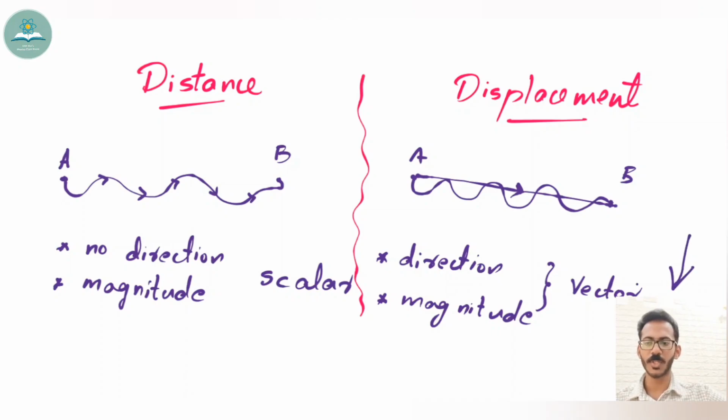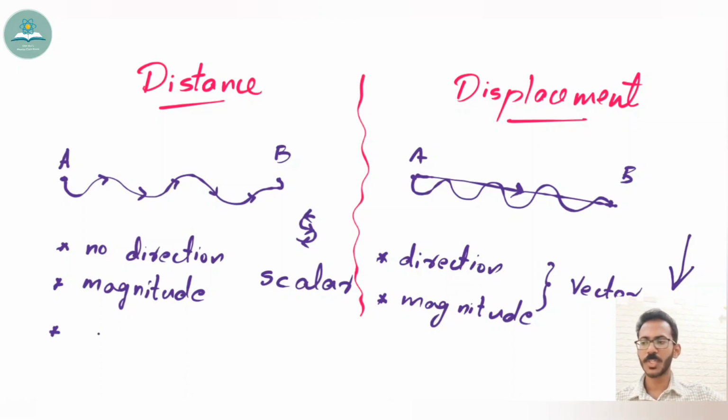It shows the direction. So whenever a quantity has direction, it's called a vector quantity. And think of this S. S is written like this. So it has different directions. Here it's like this, here it's like this, here again it's like this. So there is no exact direction. Such quantities are called scalar quantities. So distance is a scalar quantity. Displacement is a vector quantity.